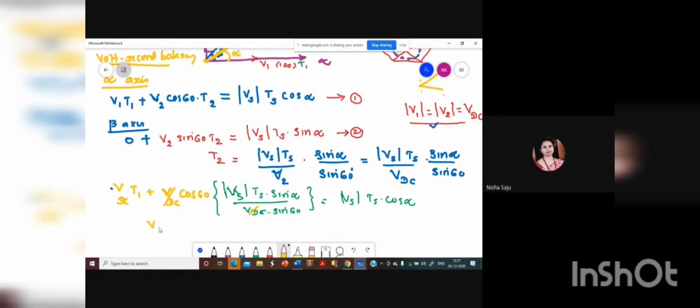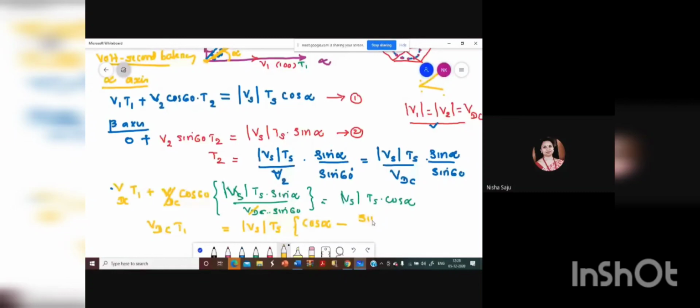So VDC into T1 will be equal to Vs into Ts, then here you will be having cos alpha minus sine alpha cos 60 divided by sine 60.